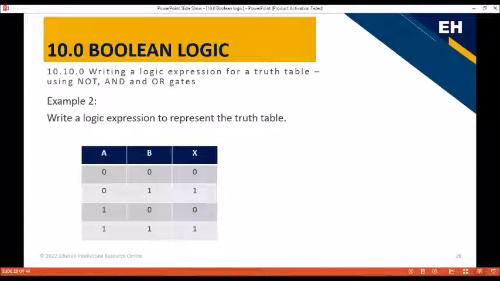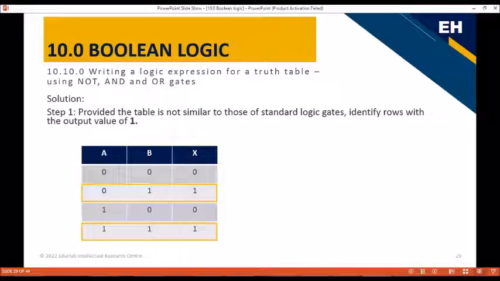So we are going to combine this in a more advanced way than what we just concluded when we had one row giving us a 1 output. Alright, step 1. Provided the table is not similar to those of standard logic gates, identify rows with the output value of 1. So we have identified row 2 and row 4 with the output value of 1.